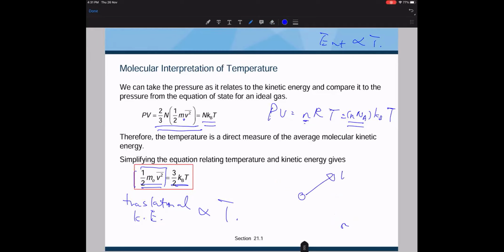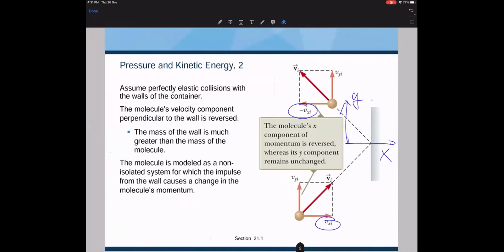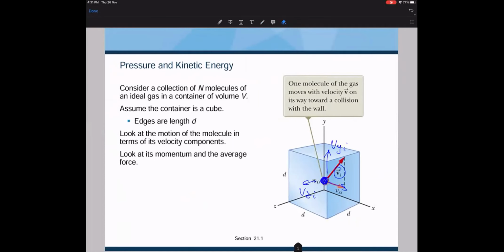So you would have the v along the x-axis. Maybe I used the diagram previously. Here, you would have the motion of the particles that could be having a component in the x-axis. Of course, that would also have a component in the y-axis, vyi, and there would be another component along the z-axis.